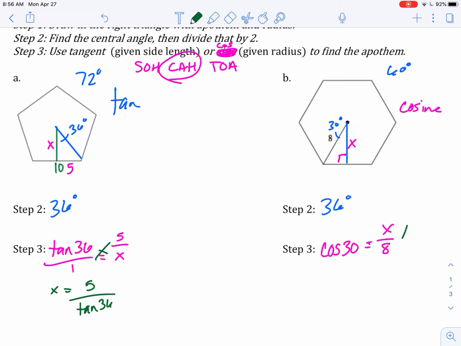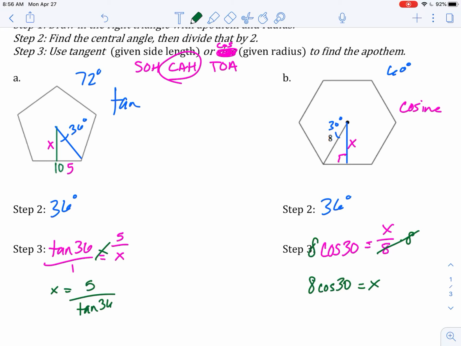So if we cross multiply, tangent of 36 times x equals 5, and then we divide by the tangent of 36 to get x by itself. So x is 5 over tangent of 36.